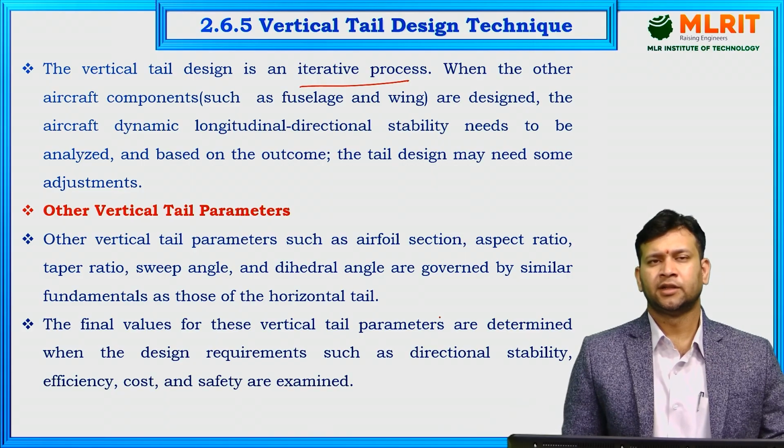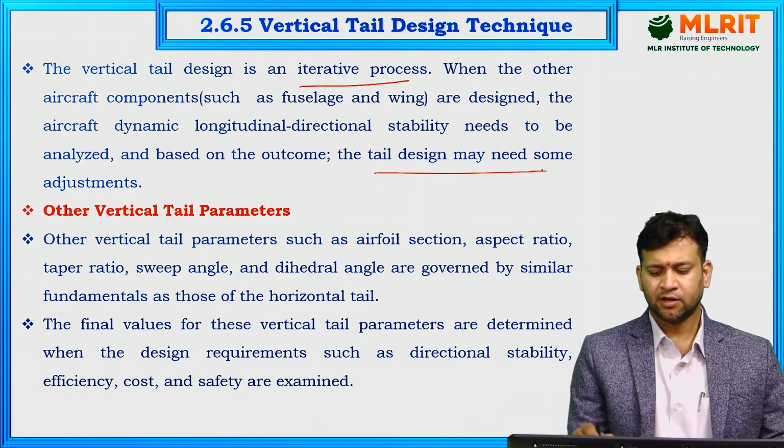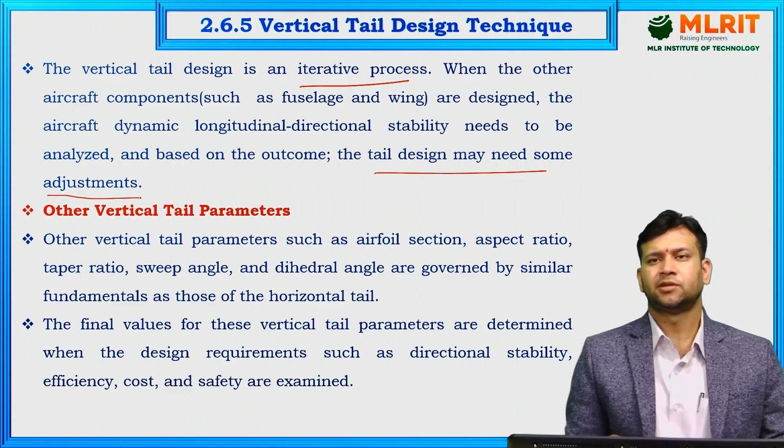When the other aircraft components such as fuselage and wing are designed, the aircraft dynamic, longitudinal, directional stability needs to be analyzed, and based on the outcome, the tail design may need some adjustments.